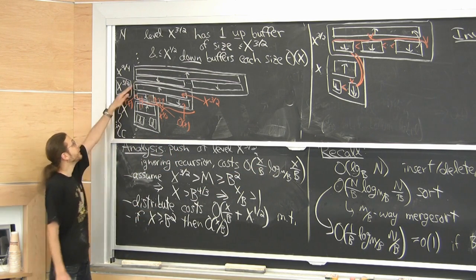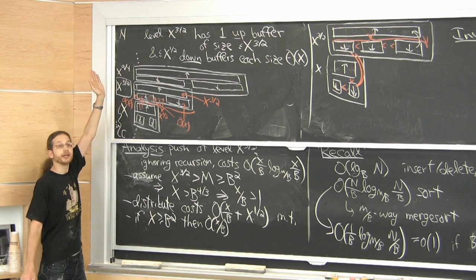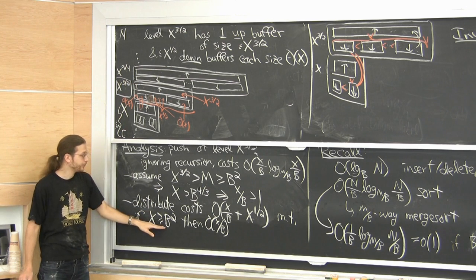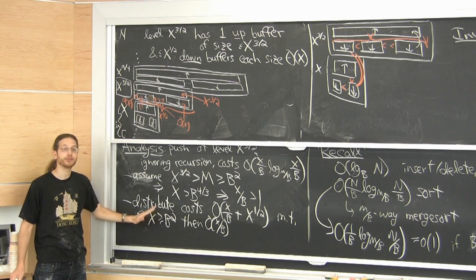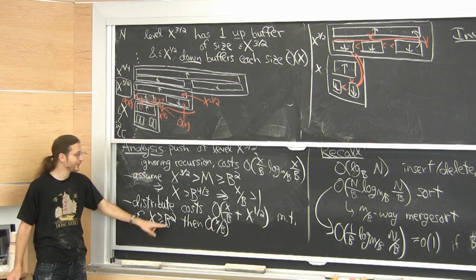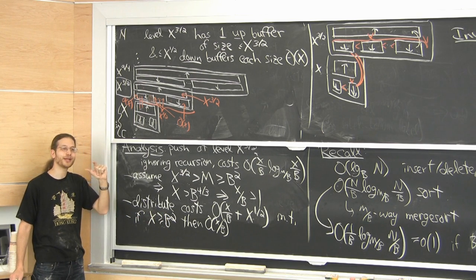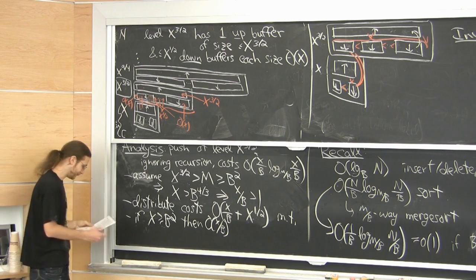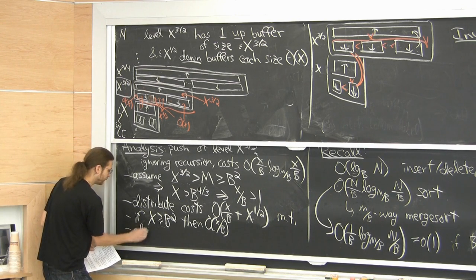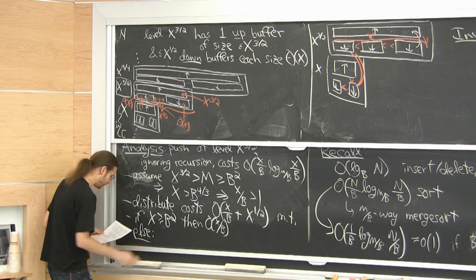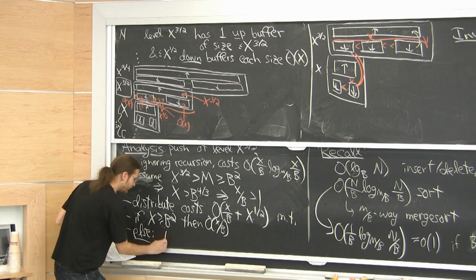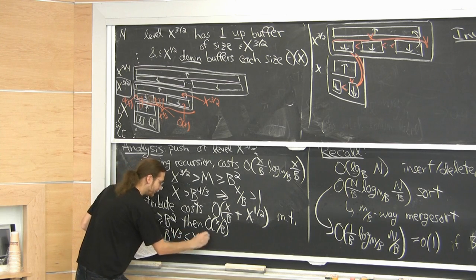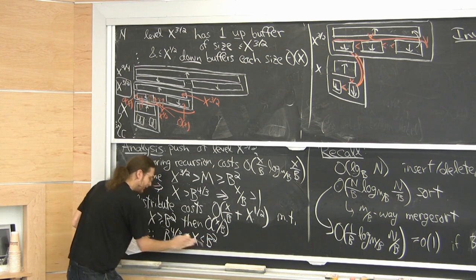Now that says all the high levels are free. All the low levels are free, right? If you're less than B squared, then you're less than M and you're free. It's saying if you're bigger than B squared, you're free. But there's going to be one level right in between where you're not really bigger or smaller. So there's one level where B to the 4/3 is less than or equal to x, less than B squared, I guess strictly less than.